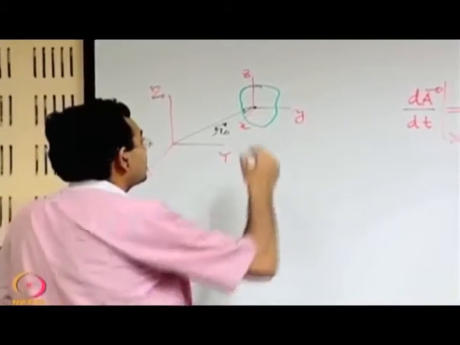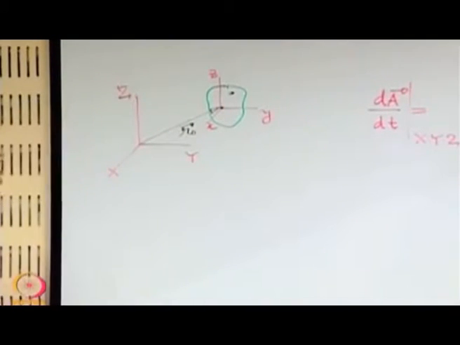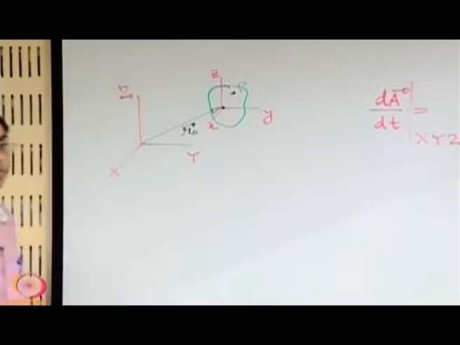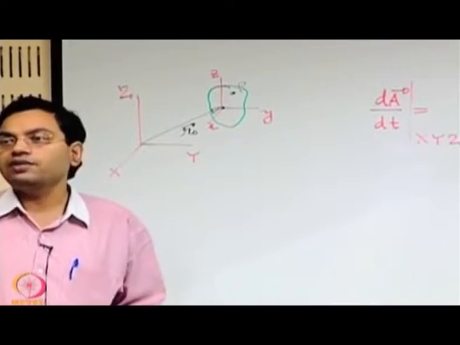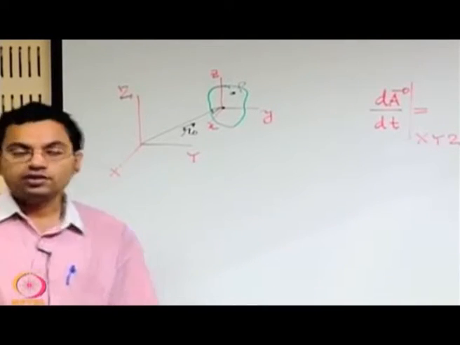Now, if you consider a point in the control volume, let us say a point P, this point in general represents a point where the fluid has a velocity, acceleration and so on. So, it is a point in the flow field.